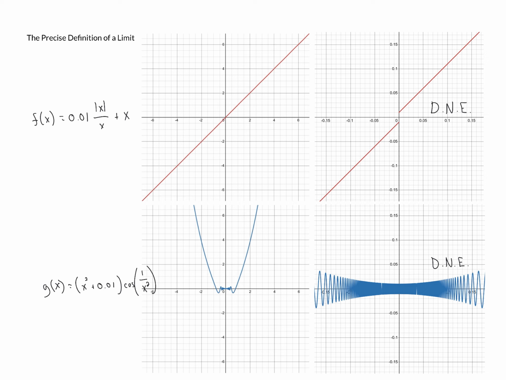Both of these are no-nos for limits, and so we need a better definition of limits that makes sure we don't have these problems, that closes those loopholes. And that's what we're going to talk about in the next video. But I wanted to show you these examples first so that you understand the loopholes that we need to fill in, the situations that our definition has to make sure we avoid.